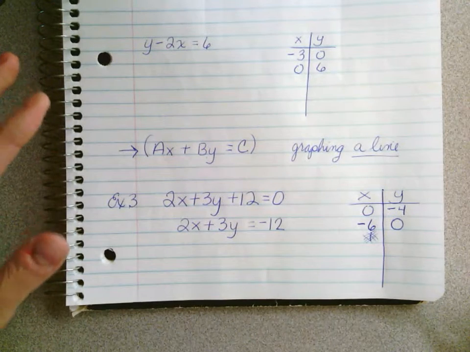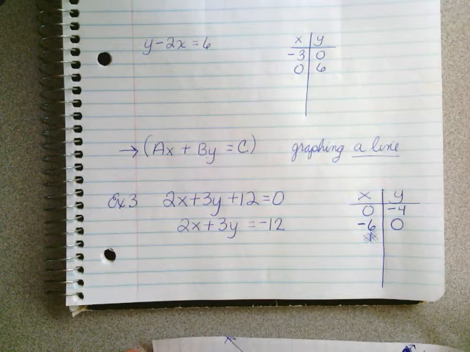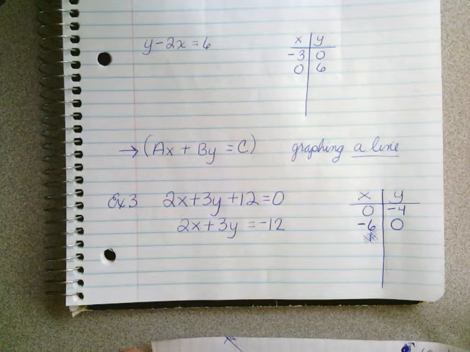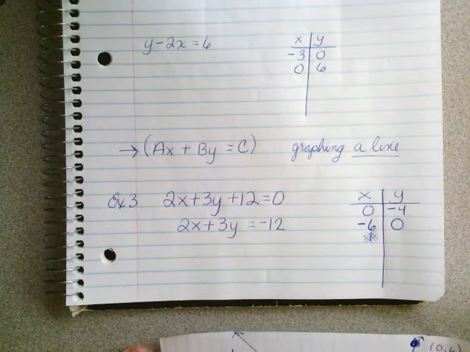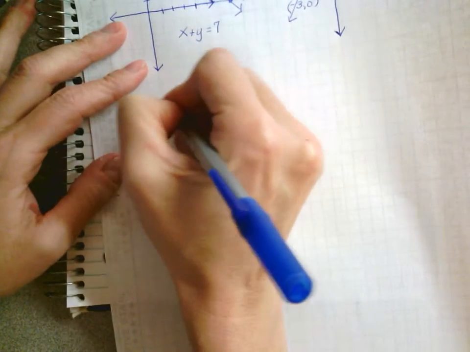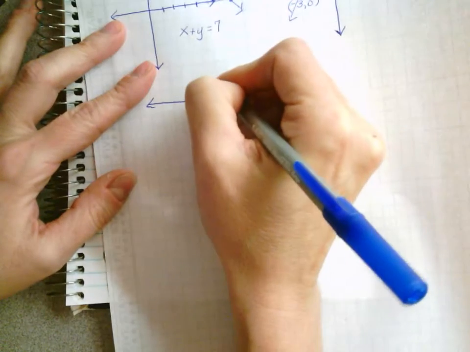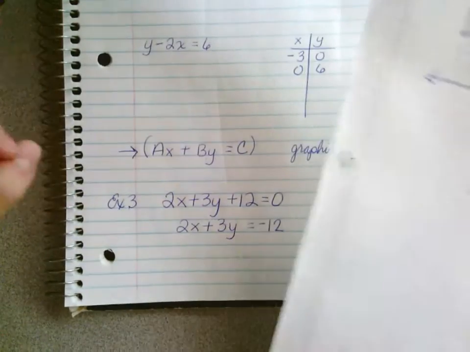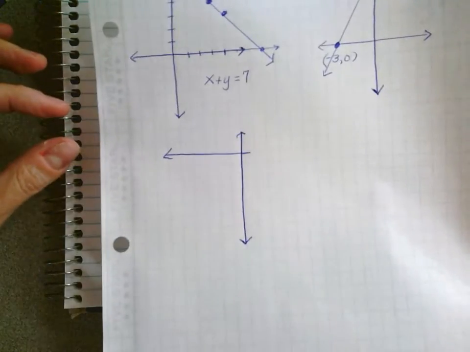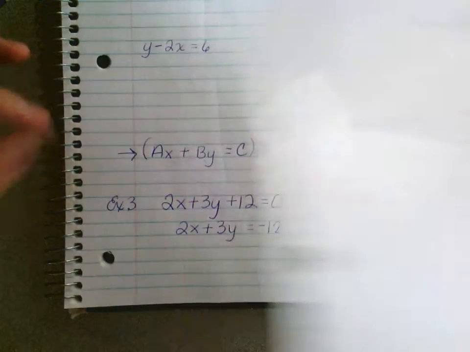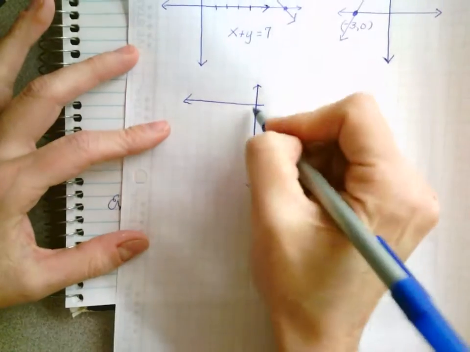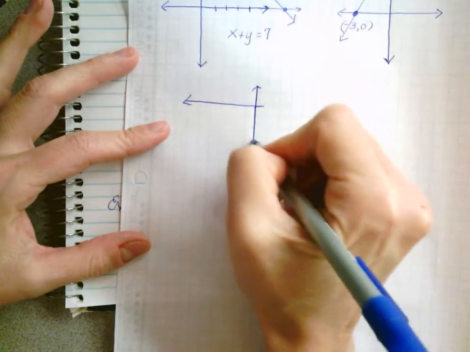All right, so 0, negative 4, and negative 6, 0. So I'm basically down and left. And you don't have to draw the entire coordinate plane. I'm only going to draw the lower quadrant, quadrant 3. 0, negative 4, over 0, down negative 4, 1, 2, 3, 4.